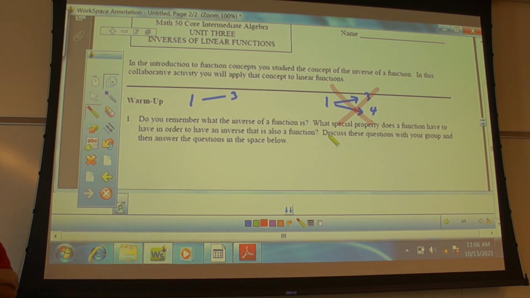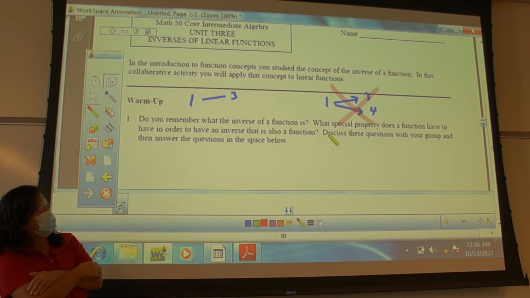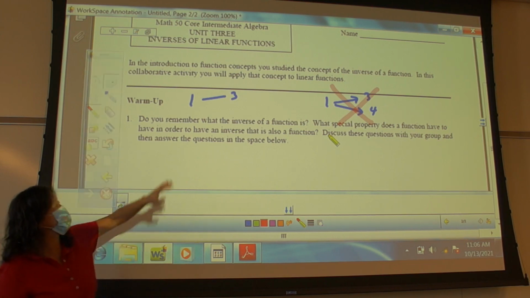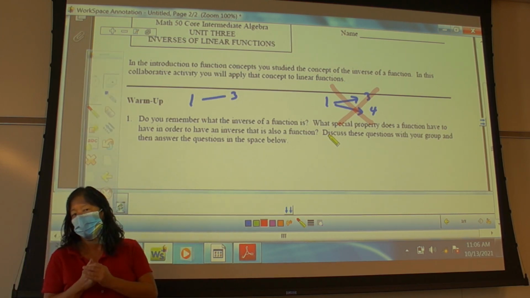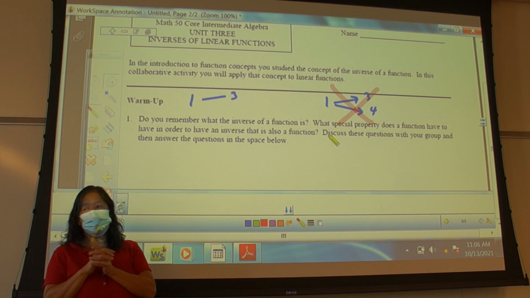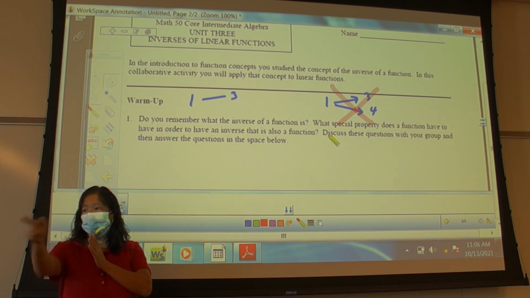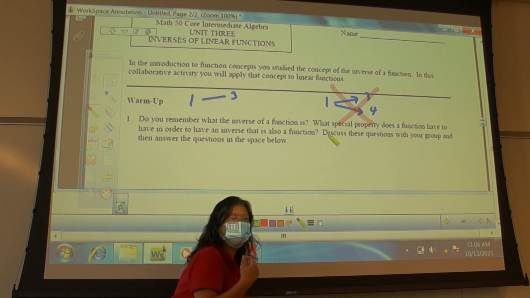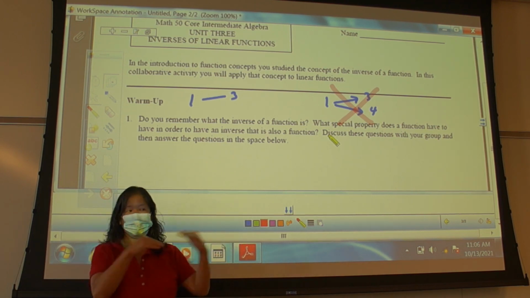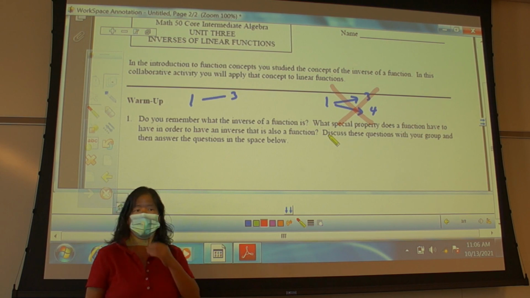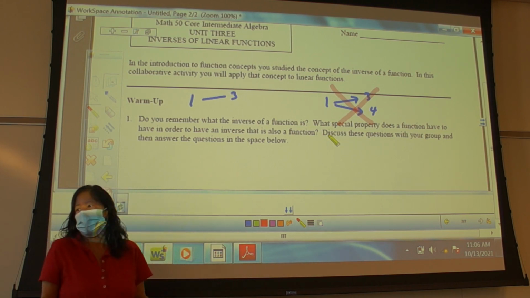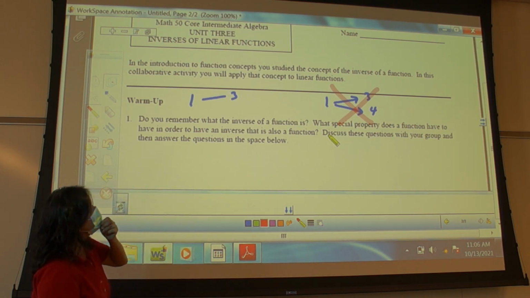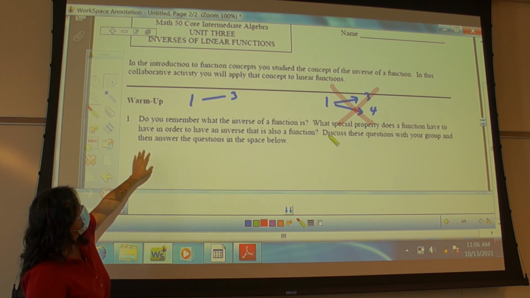But the inverse, we want its inverse to also be a function. So, do you guys remember what we called that? 1-to-1. 1 to 1. Everyone remember that one? So every x only has one y, every y only has one x. They're kind of paired up, right? They're kind of monogamous. You think of it that way, right? Okay, great.